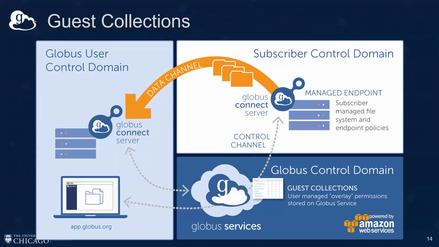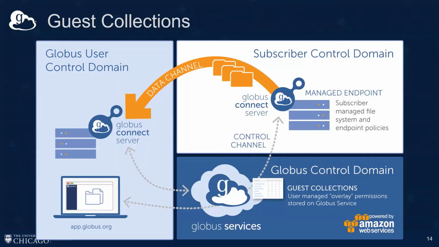The sharee would not be able to enter through the regular mapped collection, right? They don't have a local account. The sharer has opened the door for them and told Globus, this person I allow to access this little corner. And what happens is the guest comes in through the secondary door, the guest collection door, and all the file system access is carried out with the credentials of the sharer.